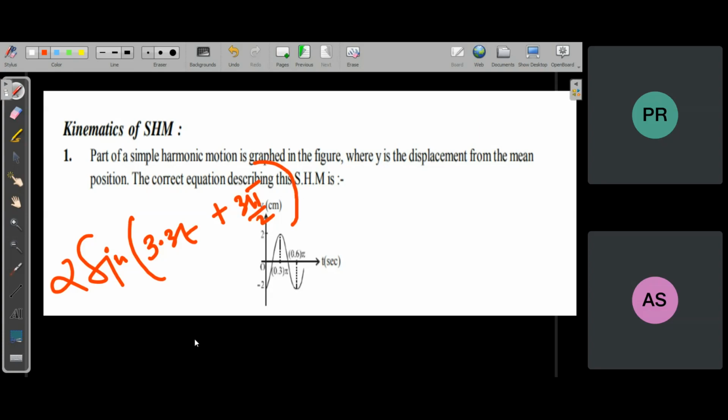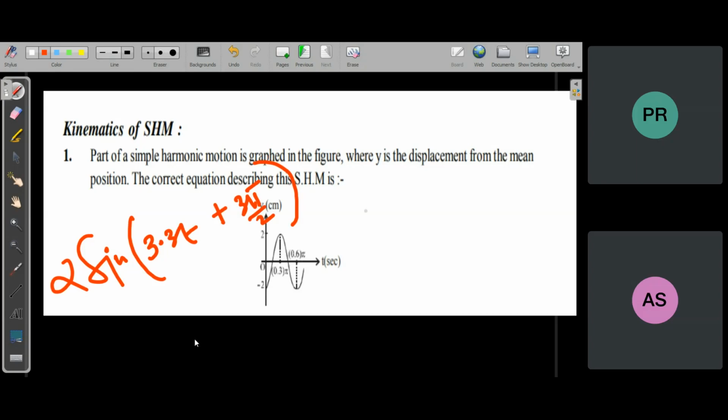Okay, so one minute. So 3.3 t, you are saying omega t, and what is omega? 2 pi by T, and what is the time period here?